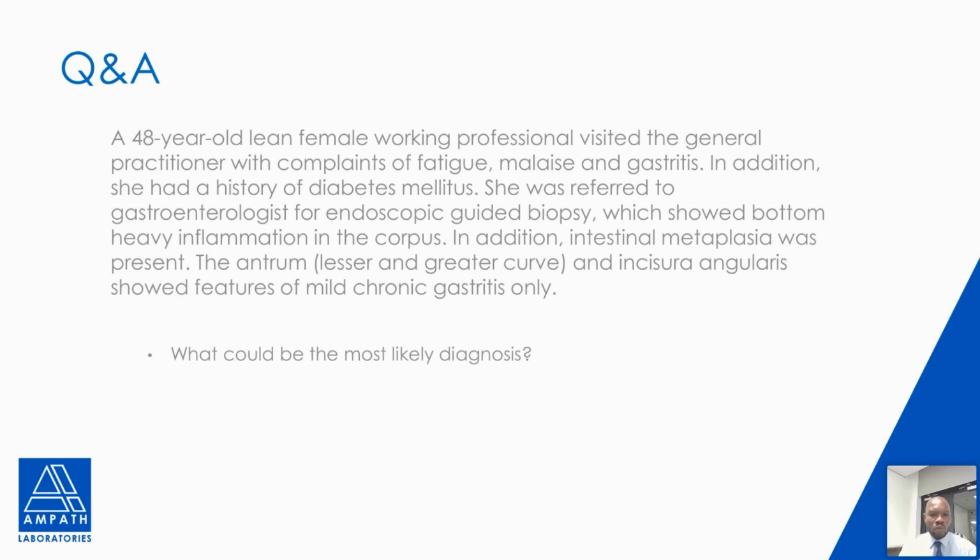Maybe just to rehash what we have in the biopsy, we have bottom-heavy inflammation involving the body, the corpus. There is also intestinal metaplasia present. There is minimal inflammation in the antrum.